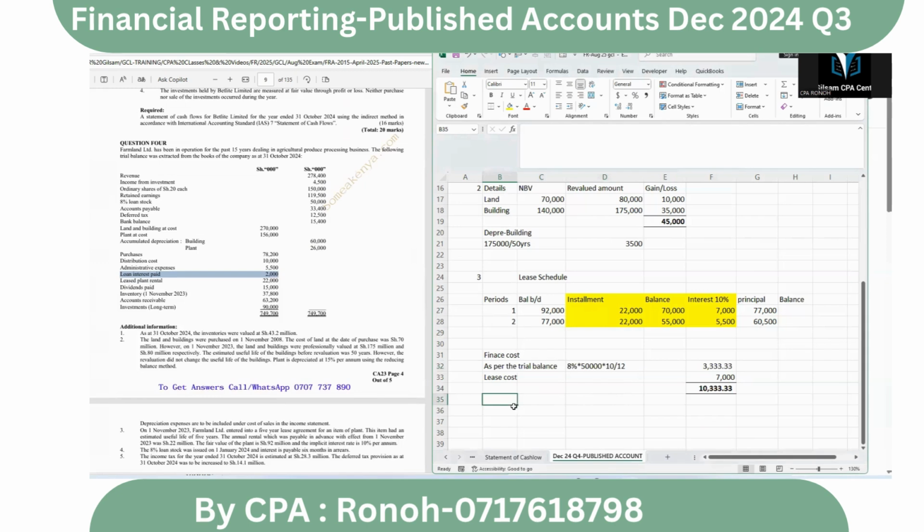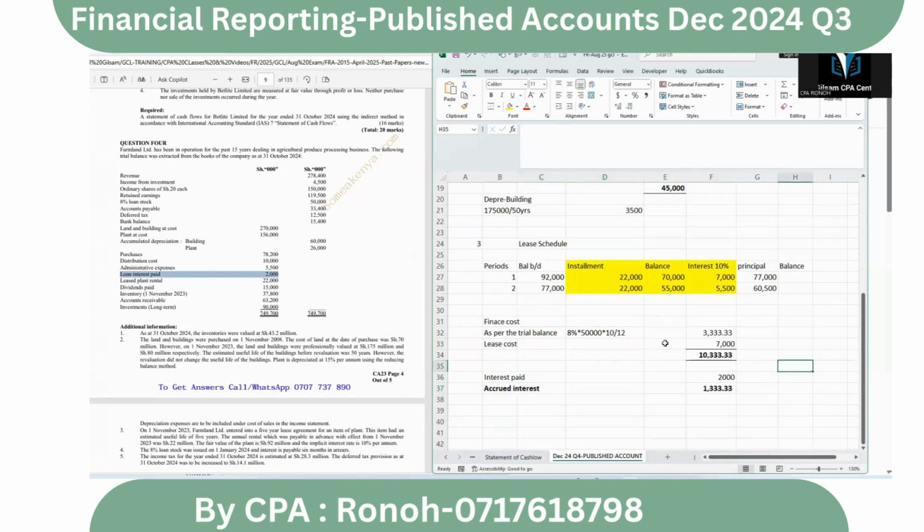So interest paid of 2,000. So what is accrued interest? We are looking for accrued interest. Accrued interest will be the total interest, which is 3333, minus what they paid. So this is accrued interest, which we will take to the balance sheet under the accruals.